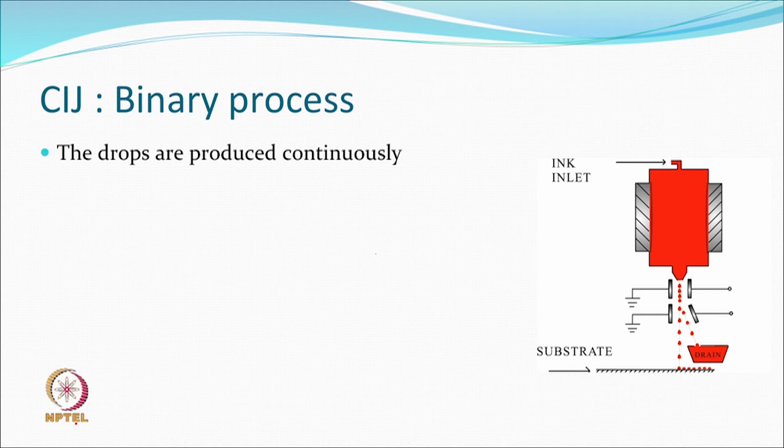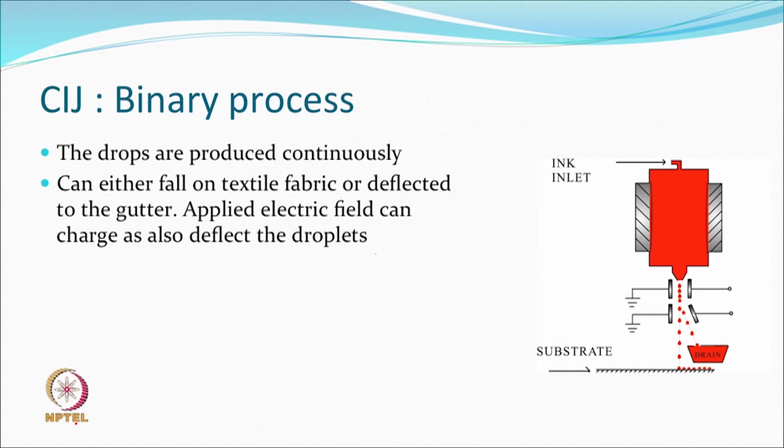So drops are produced continuously, therefore it is called a continuous inkjet. The drops can fall either on a textile fabric or be deflected to a gutter or a drain. The applied electric field can charge as also deflect the droplets. It is something similar, as I said, to electrospinning or electrospraying. So one can always charge and make droplets of solutions.